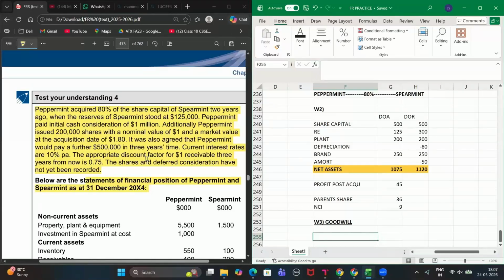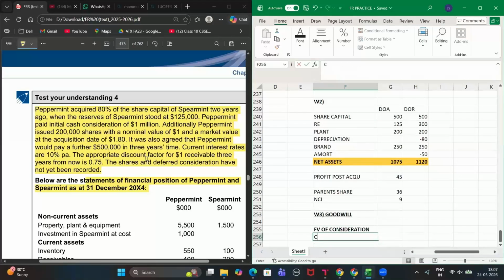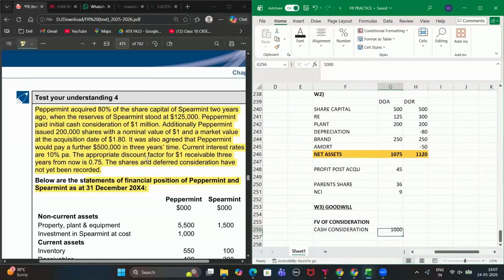Okay. So now tell me, what is the cash consideration here? We'll calculate the fair value of consideration. Cash. What is the cash consideration here? Yes, 1 million. What next?